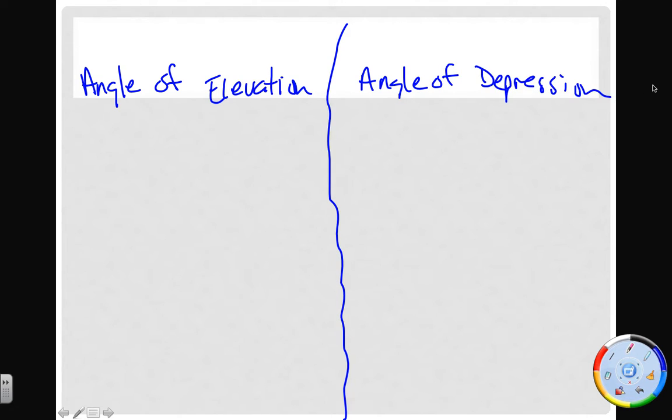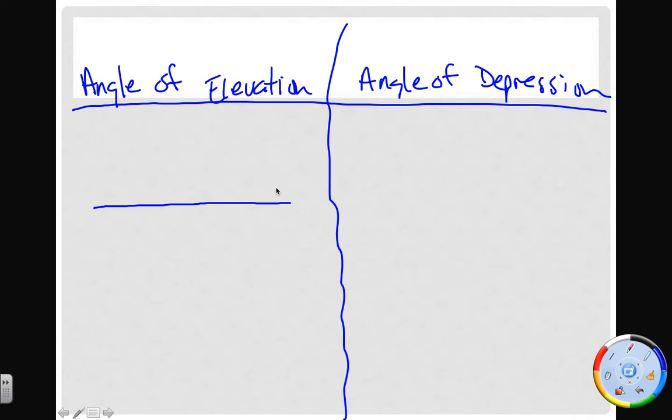There are two very important things to know what they are. We used elevation once and it was talked about a little bit. Angle of elevation is measured from the horizontal, like from eyesight, and looking up.